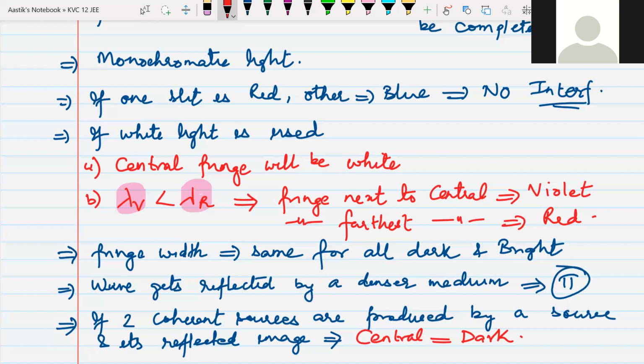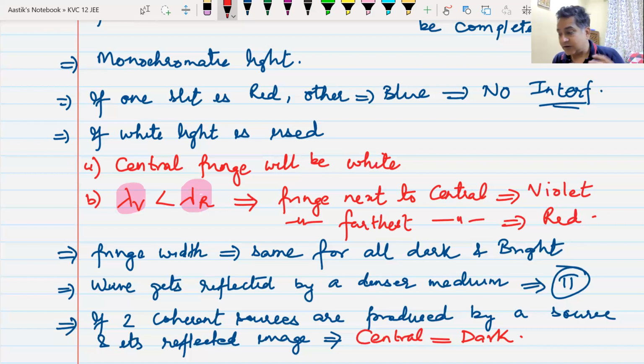Everyone has done this? Okay. So that is about the experiment, what the experiment is, how it is done, one source, two sources, interference, that's it.